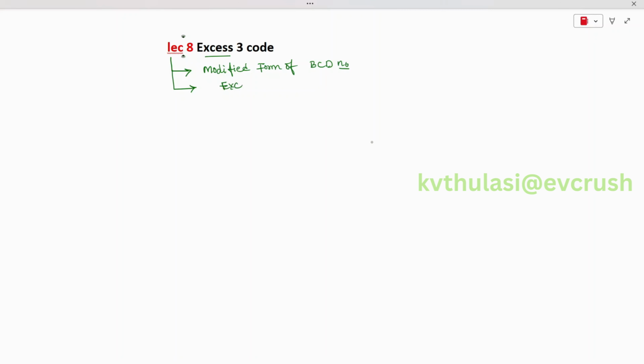So you add 3 to a given decimal number, then you are going to get an Excess-3 code. For example, if you have a 2 digit decimal number with base 10, for 1 you have to add excess of 3, and for 2 also you have to add excess of 3, then you're going to get Excess-3 code.